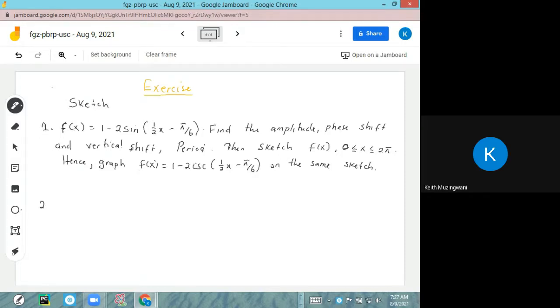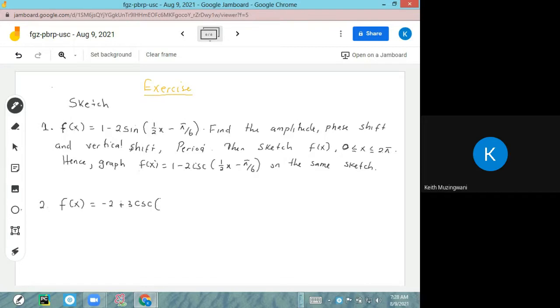Then 2, you will do f of x is equal to minus 2 plus 3 sine. Okay, that's one exercise, sir. Yeah, these are exercises. It's an exercise question.